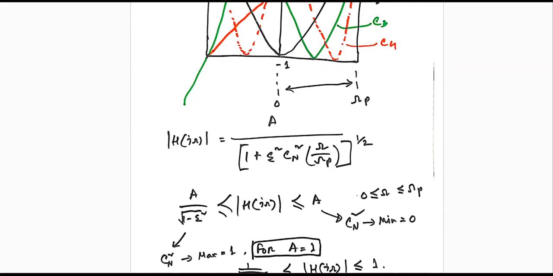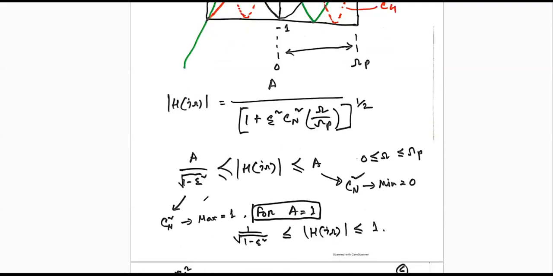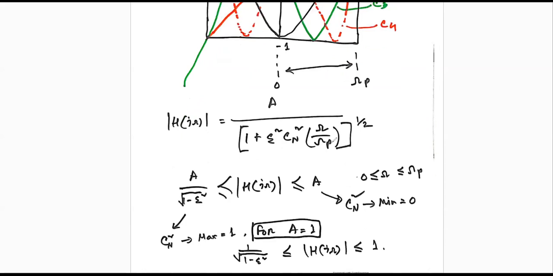And what is the maximum value? The Cn square, yeah, the maximum value is 1. That's why 1 plus epsilon square, to the power half, is in the denominator, and the numerator is A. So that is the maximum value. So our magnitude response should belong to this.